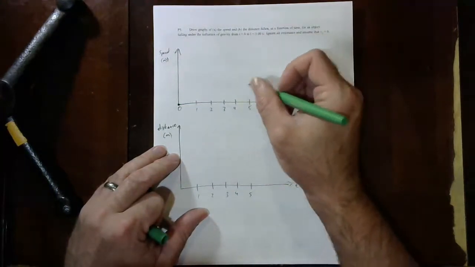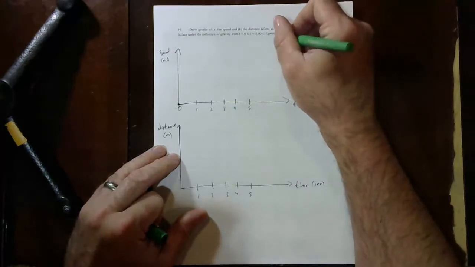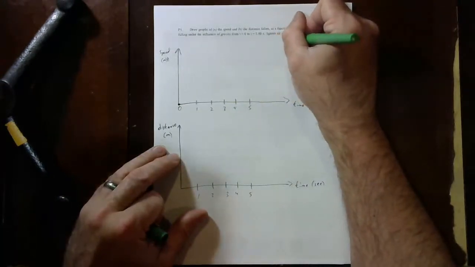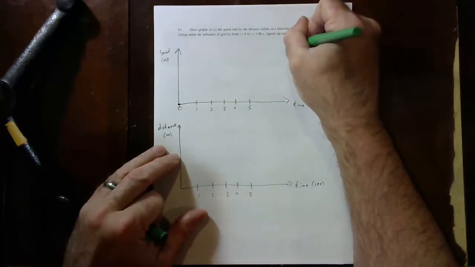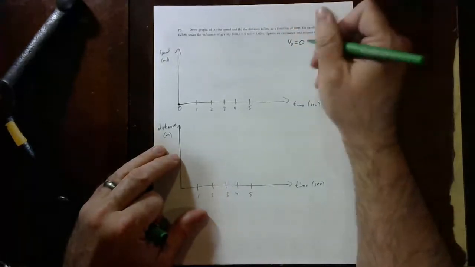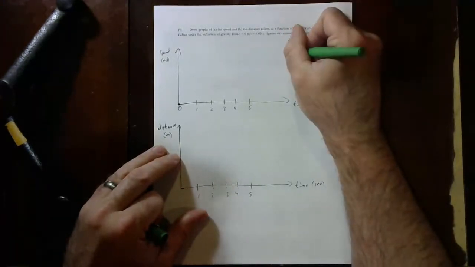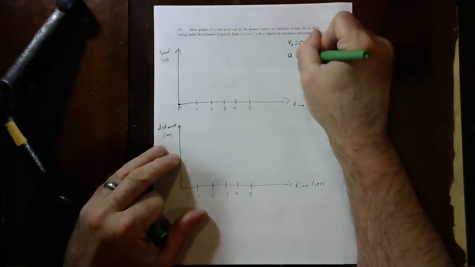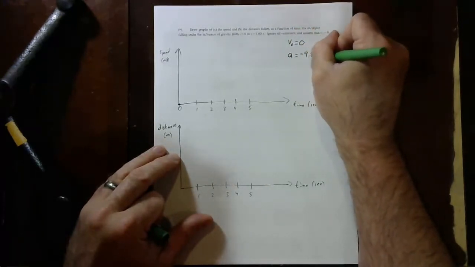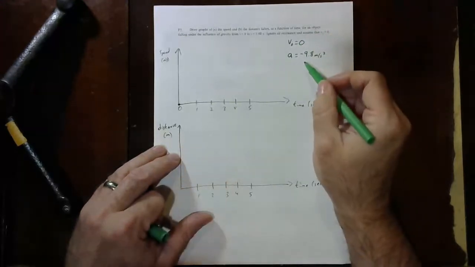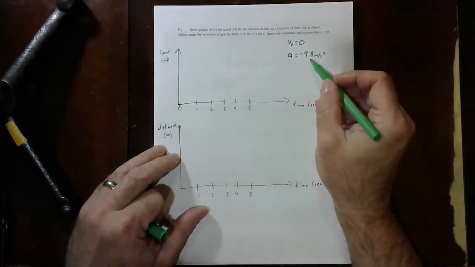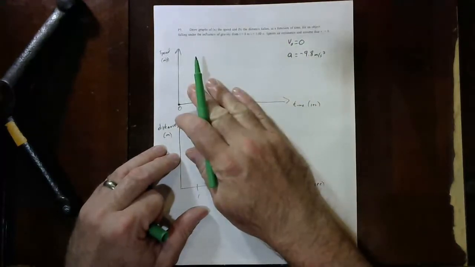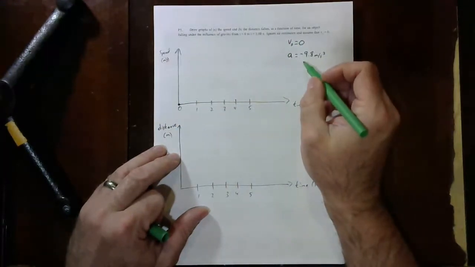Now, what we know for anything that's falling is that initial velocity is 0, because we're just starting from rest, I'm assuming. And we also know that the acceleration is negative 9.8 meters per second squared. What that means is every second we subtract 9.8 from our velocity, but we're using speed.